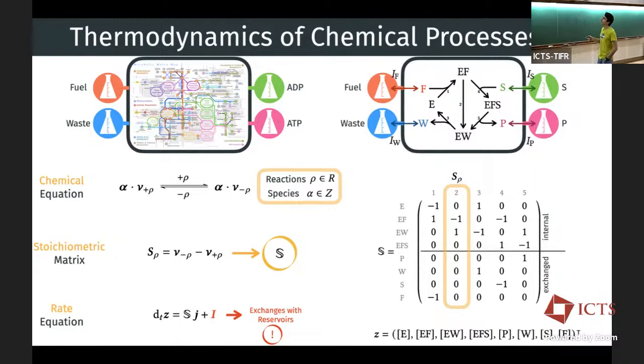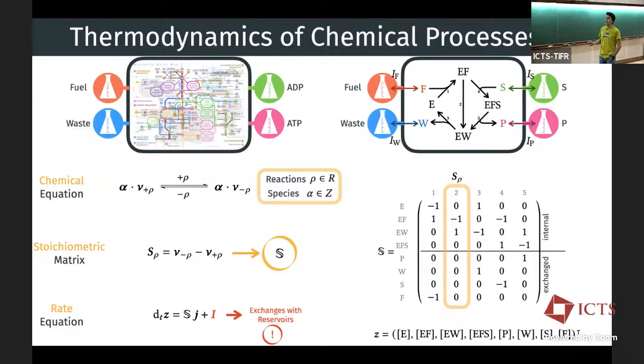And the model Massimiliano was using, as a model system to apply the theory, is a very minimal and naive representation of a metabolic network. You have an enzyme catalyzing the interconversion of fuel into waste, coupled to the interconversion of a substrate into a product. And you can think of it as ADP into ATP.